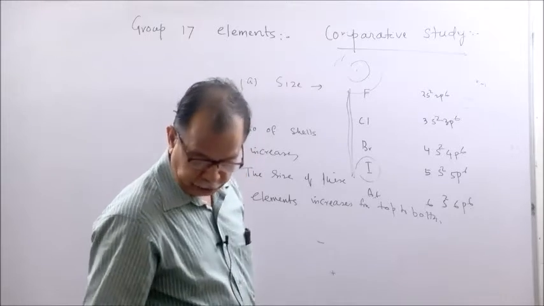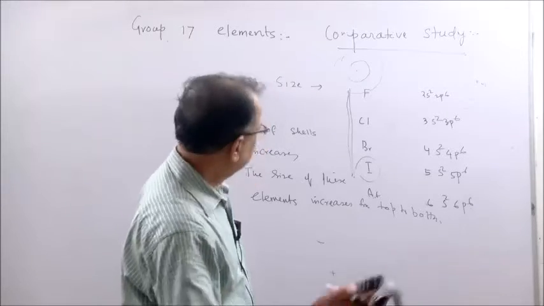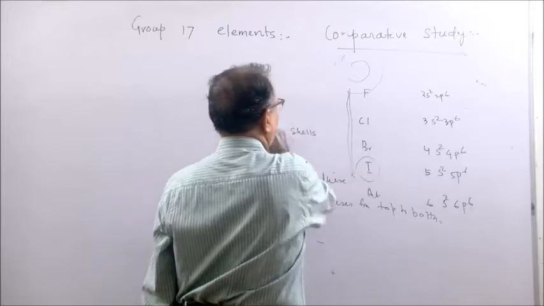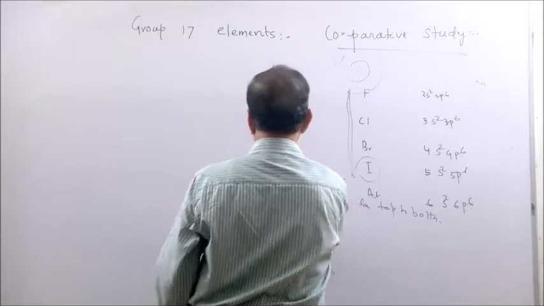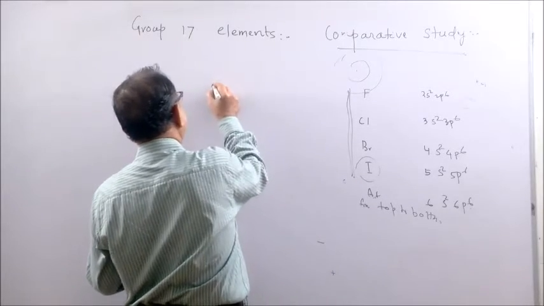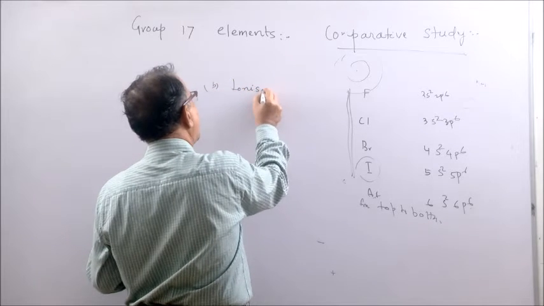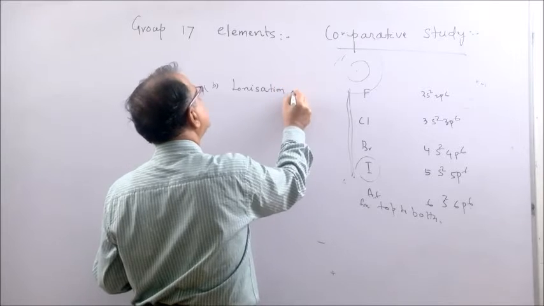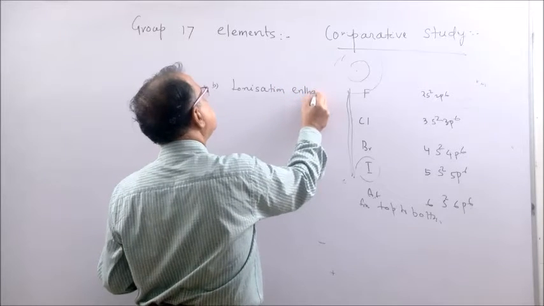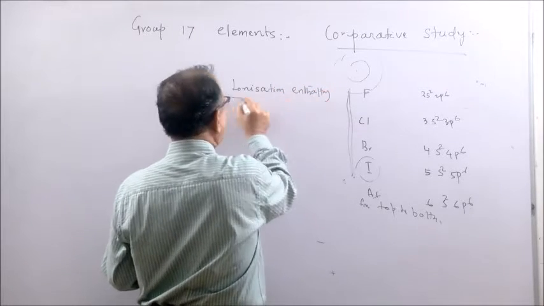Then we go to ionization enthalpy, number B. What is ionization enthalpy?